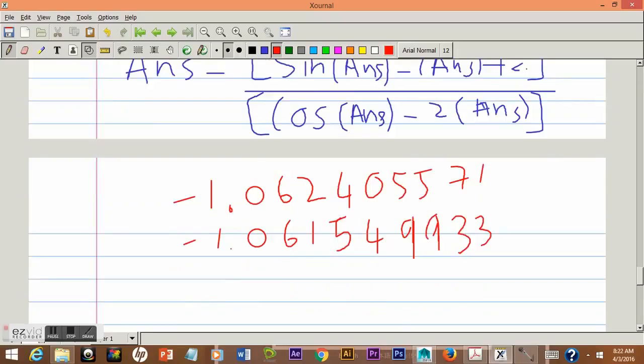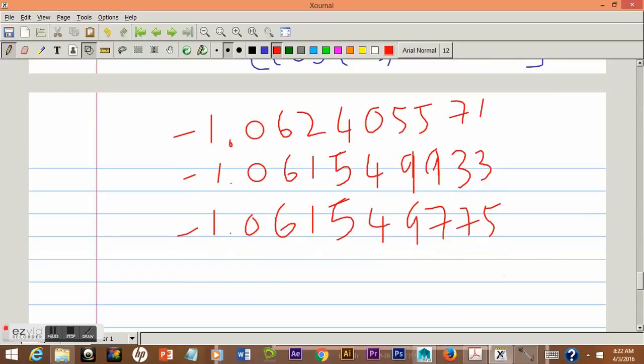Then minus 1.0615497775. So it started to repeat. Minus 1.0615499933, 49775. So this is the root. This is our root.